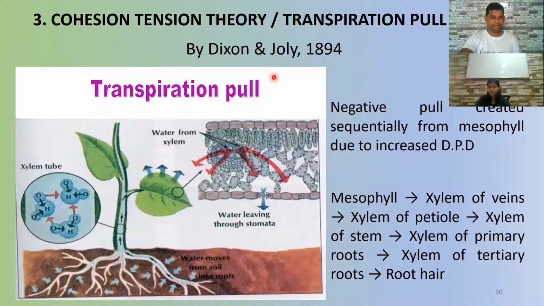P for what? What is its name? Name of the theory. Root pressure. Root pressure theory, correct. Also called as something with V. V for vital theory.